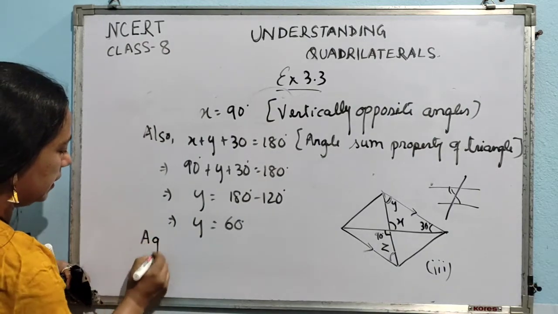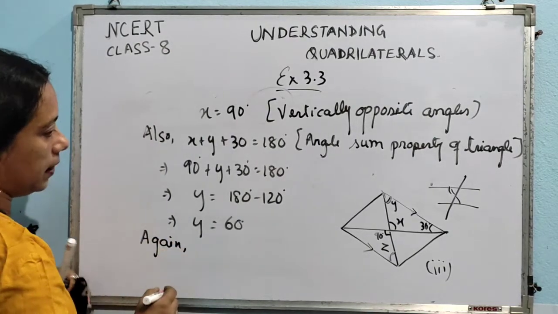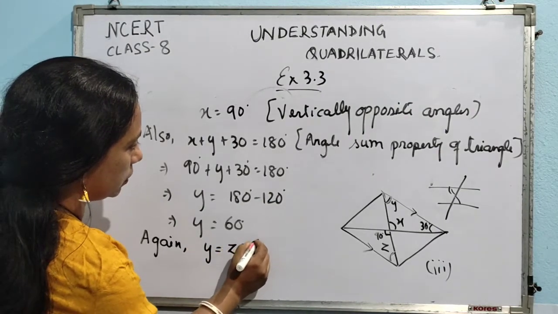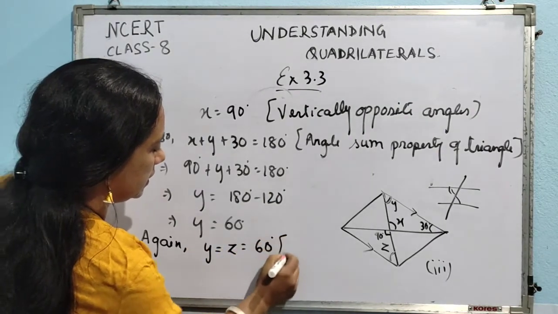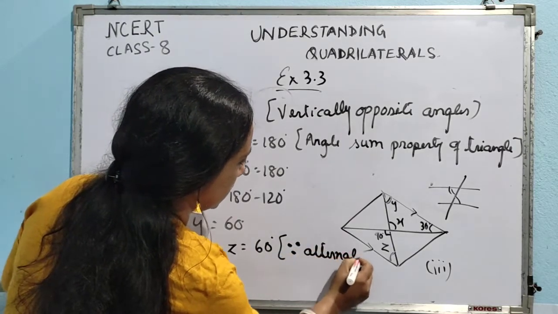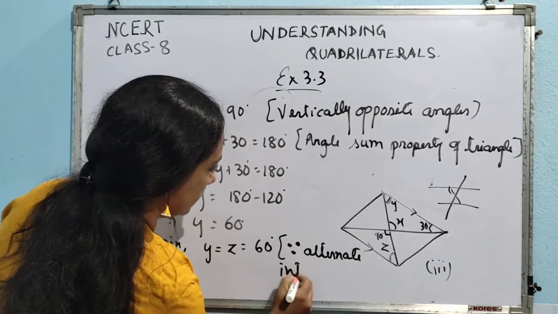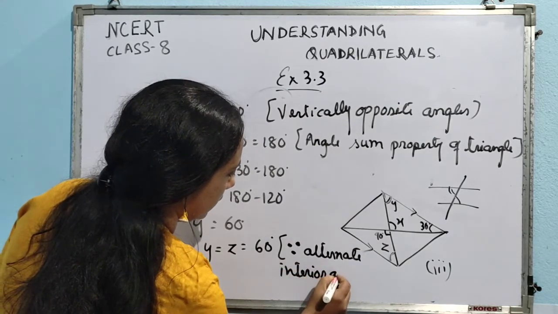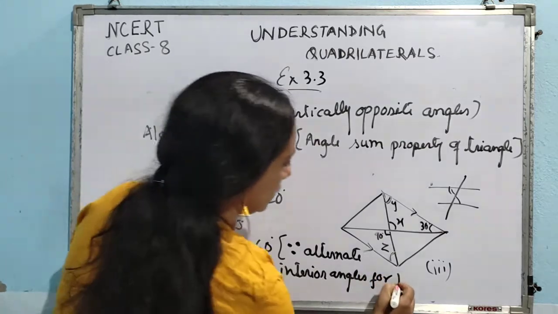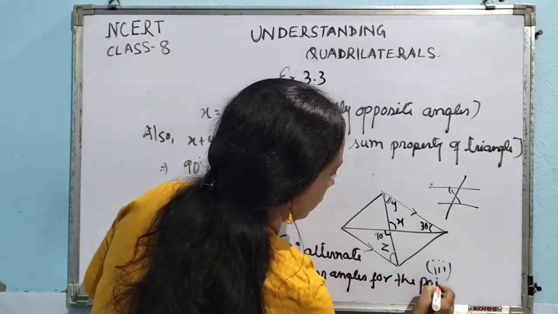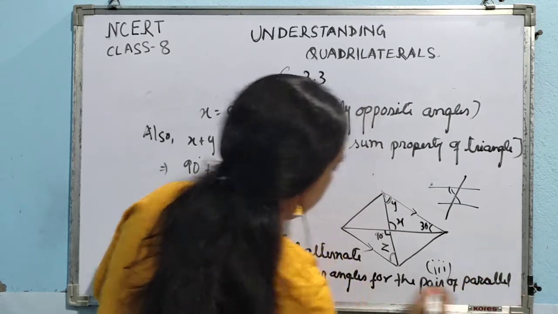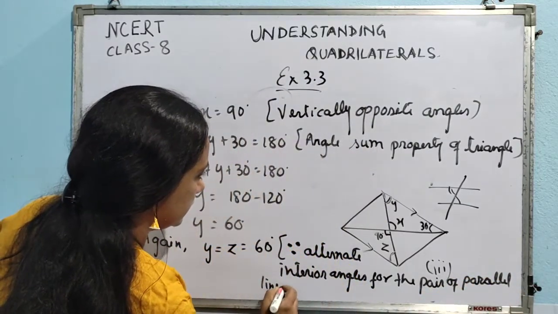Now we can write again y is equal to z is equal to 60 degree, since alternate interior angles for the pair of parallel lines.